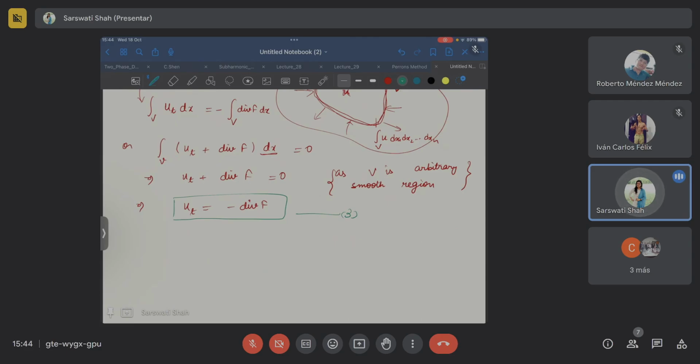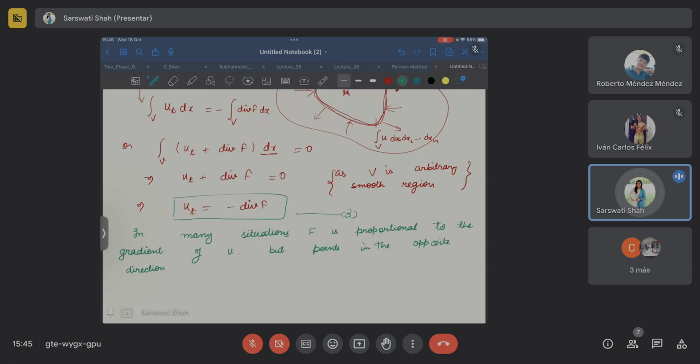Now in many situations, when we form a physical phenomenon, this flux f is proportional to the gradient of u, but points in the opposite direction.